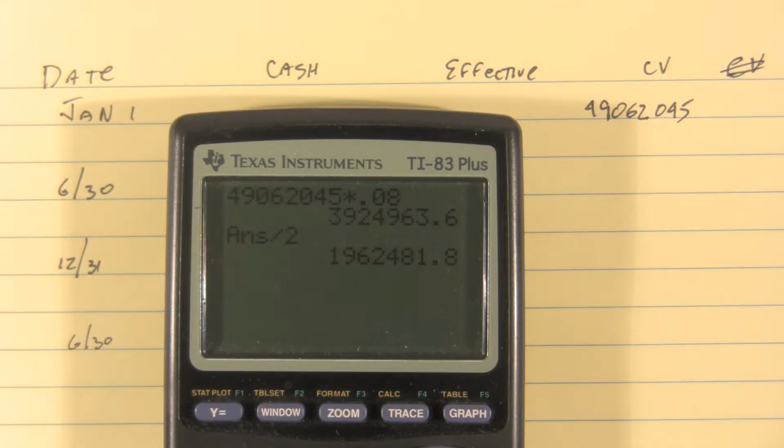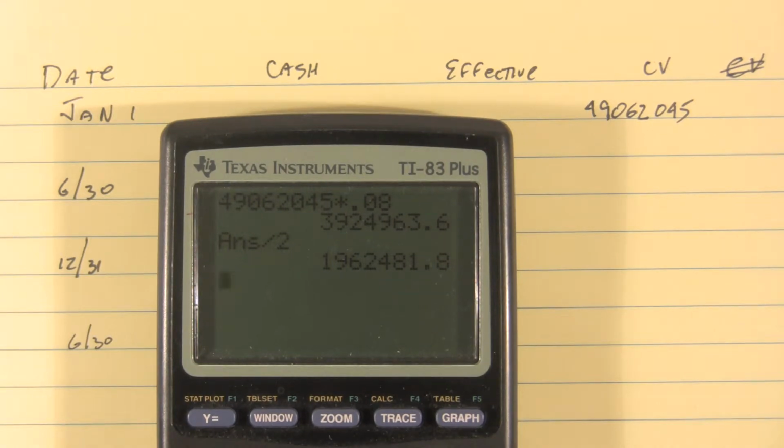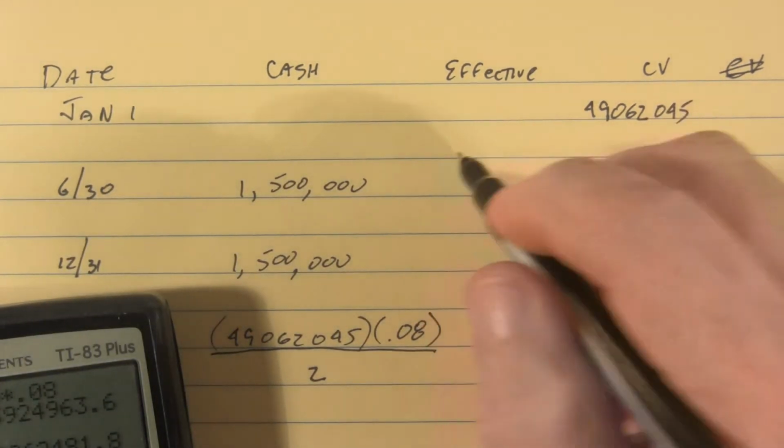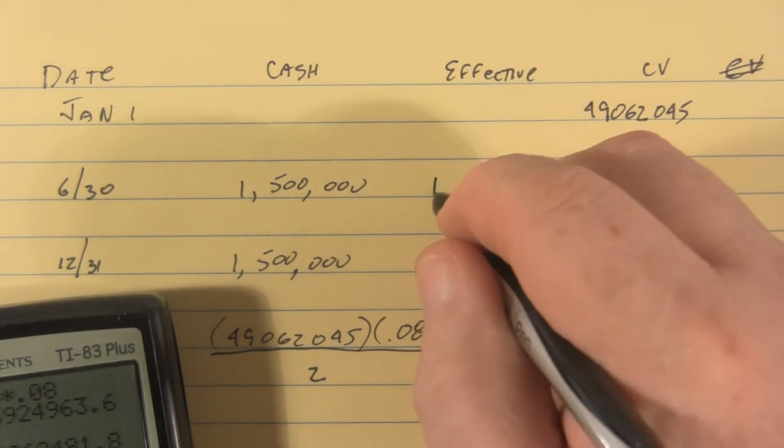So the first interest payment, the interest we actually earned, is $1,962,481.80. That's the effective interest.